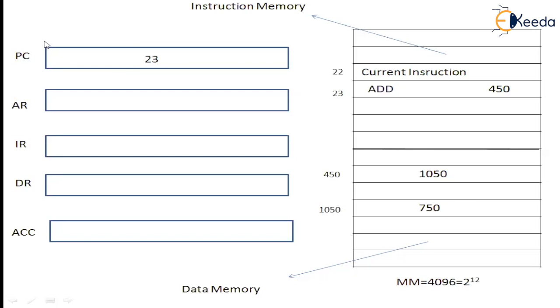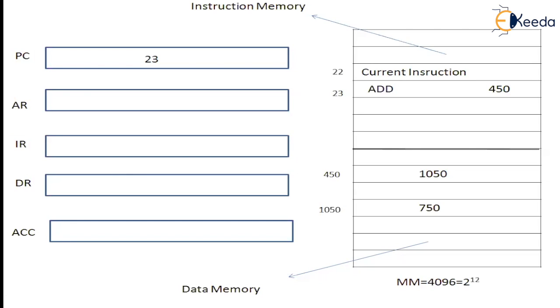Now, let us say that the current instruction is completely executed. Whatever instruction is available in the instruction register, that is finished with its execution.